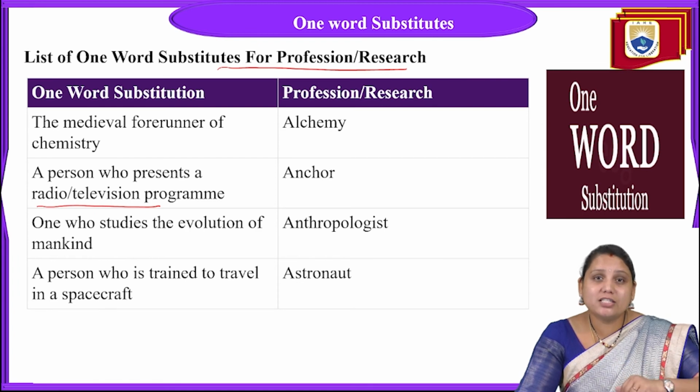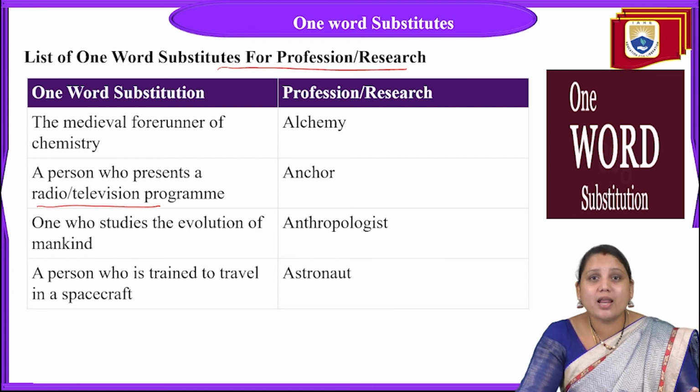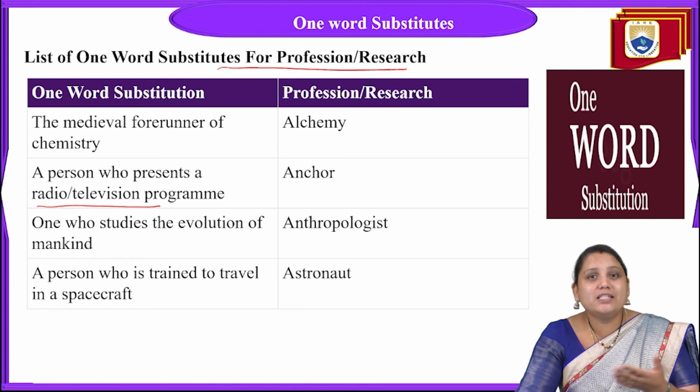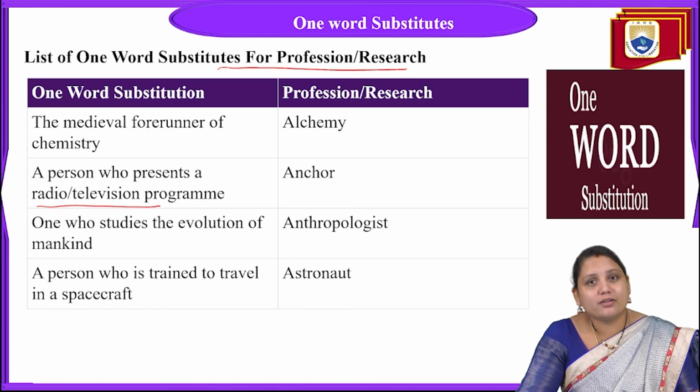Do we say such a long sentence to describe an astronaut? Did we ever say he is a person who is trained to travel in a spacecraft? No, we'll just say he's an astronaut. It means the same.